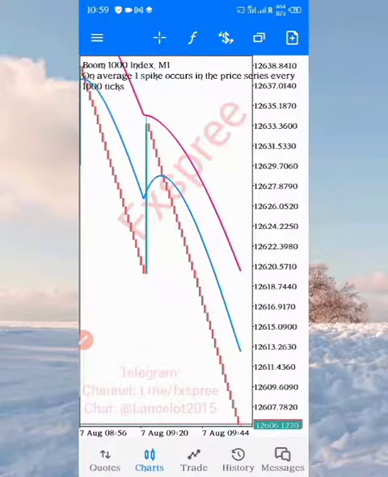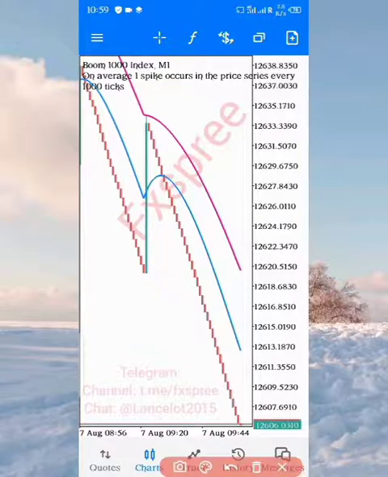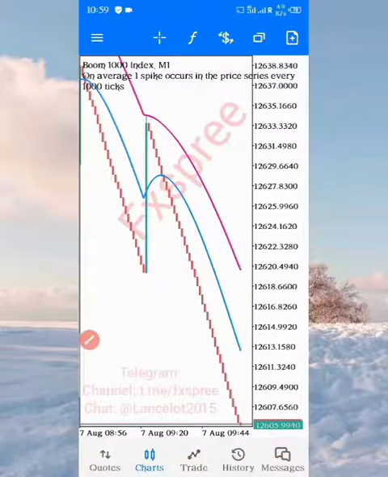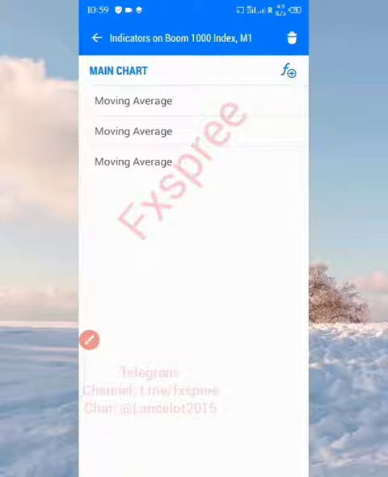So what we are going to do is set the parameters of our indicator. You go to the F up there. When you get there, you tap it, and we have the moving average here.